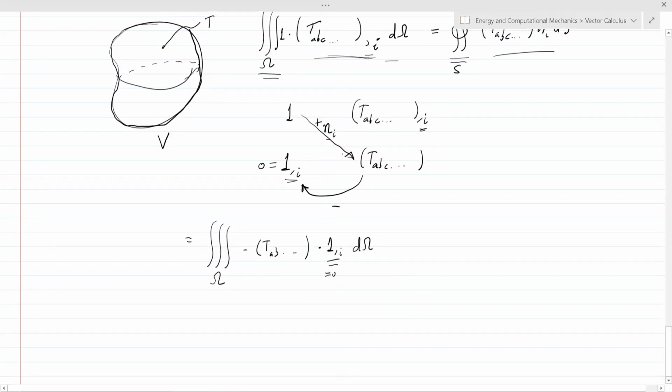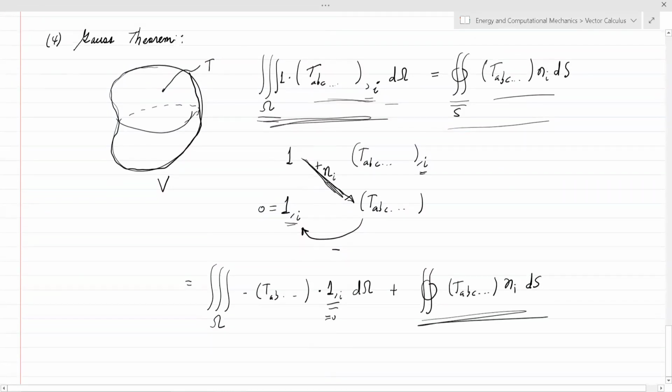And this cross term becomes plus, and now that goes into the surface integral. This is the boundary term right here. And what is the boundary of a volume? It's a surface. So that's T_ABC n_i dS. So I've shown you how this becomes just that by integration by parts.